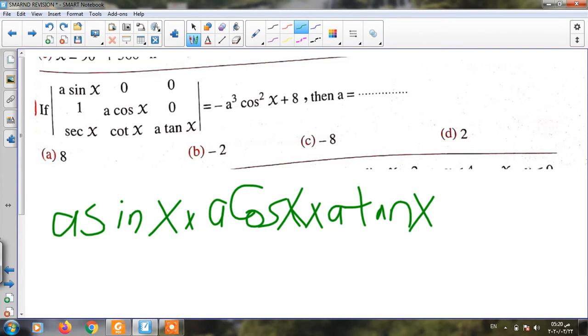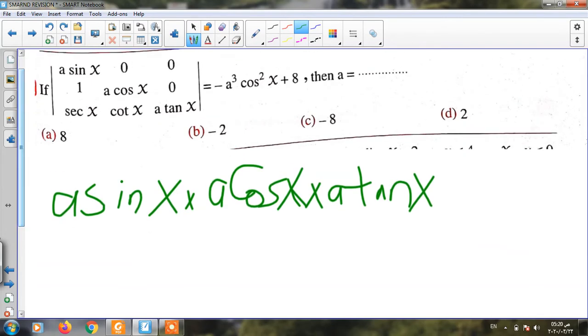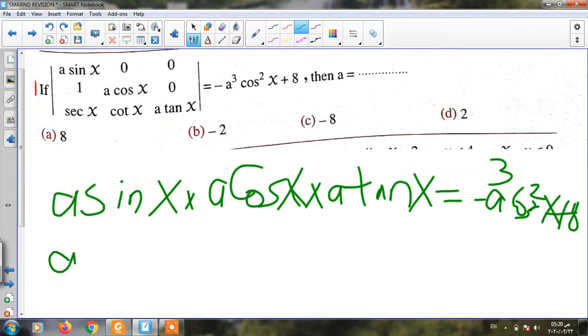It equals negative a cubed cos squared x plus 8, he gave it to me, right? A times a times a is going to be a cubed. Sine times cosine times tan, it's going to be sin x cos x times sine over cosine, since tan equals sine over cosine.